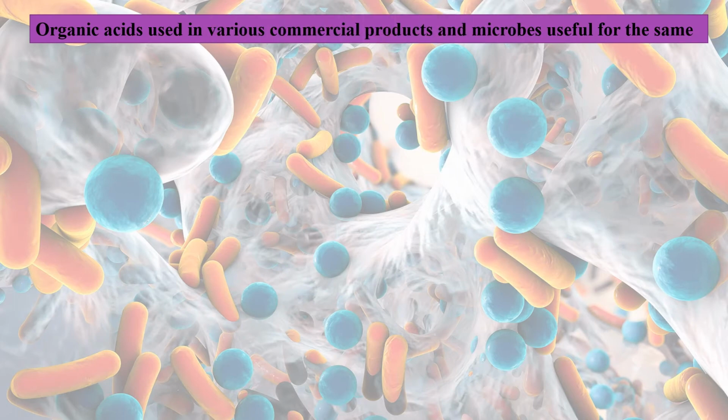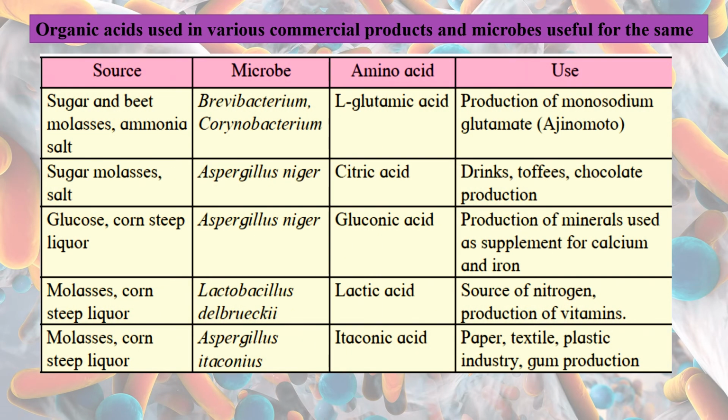Organic acids used in various commercial products and the microbes useful for the same. Let us see that. Now there are sugar and wheat molasses, ammonia, salt. The microbe which is used is Corynebacterium. The amino acid is L-glutamic acid, and the use is production of monosodium glutamate, that is Ajinomoto.